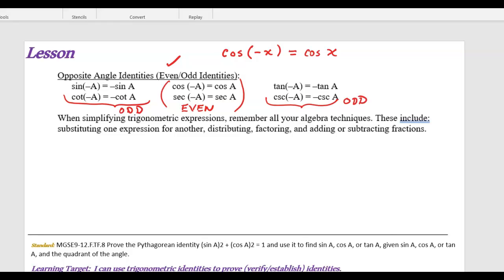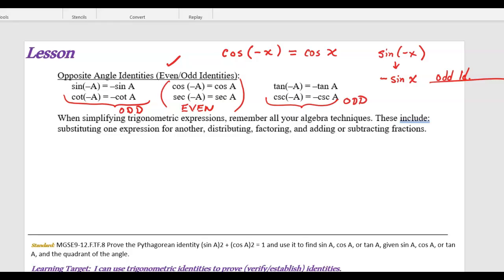These are called opposite angle identities, also called even identities and odd identities. So if in a problem you see sine of negative x, you can replace that with negative sine of x, and the reason would be the odd identity, or the opposite angle identity.